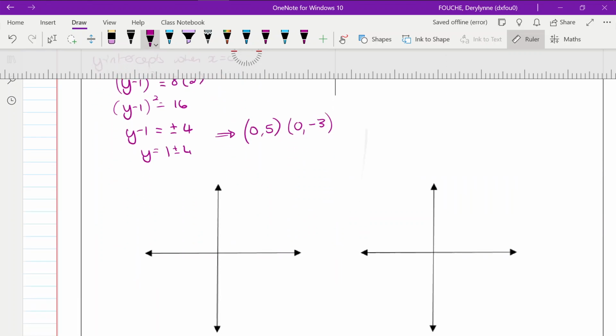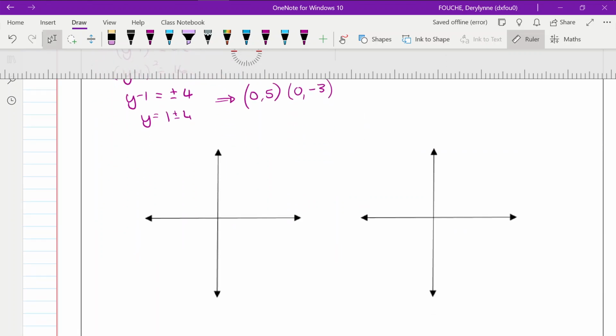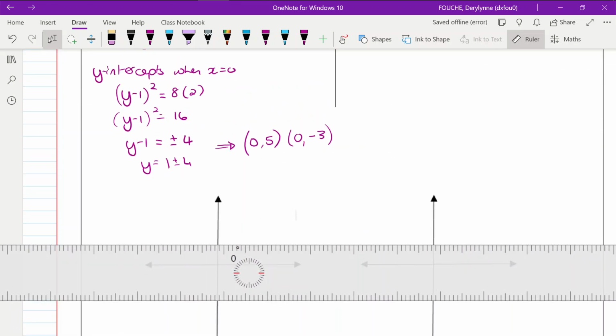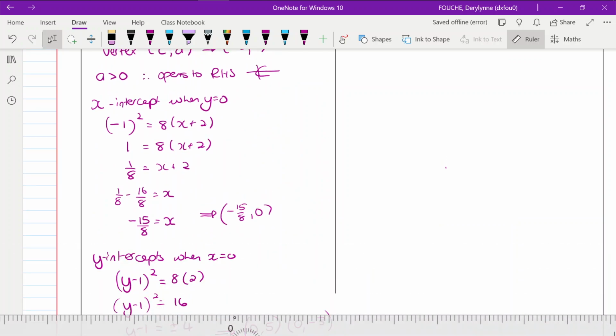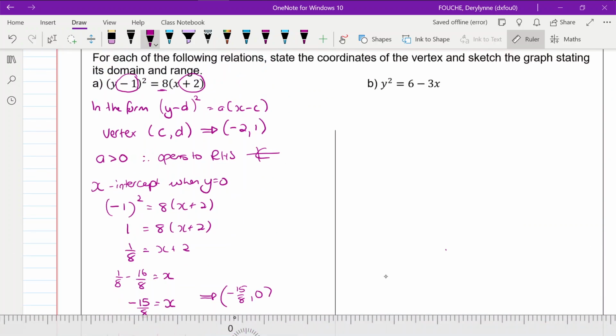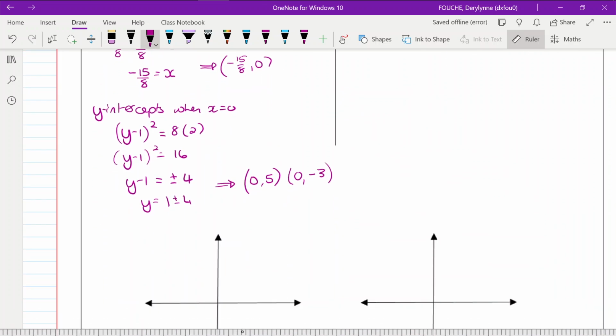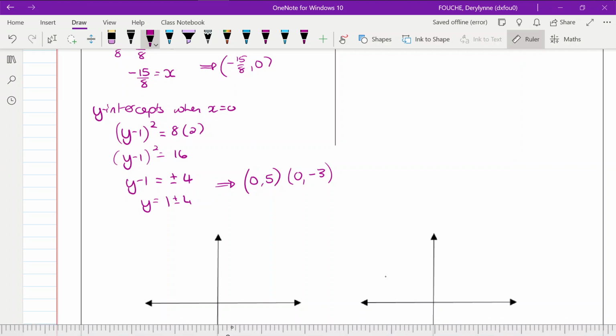Before we sketch it, or actually maybe let's sketch it and we'll talk about domain and range. I'm going to have an axis of symmetry that goes along y equals d. So I'm going to plot where my vertex is. Let's just get this graph with some sort of a scale.